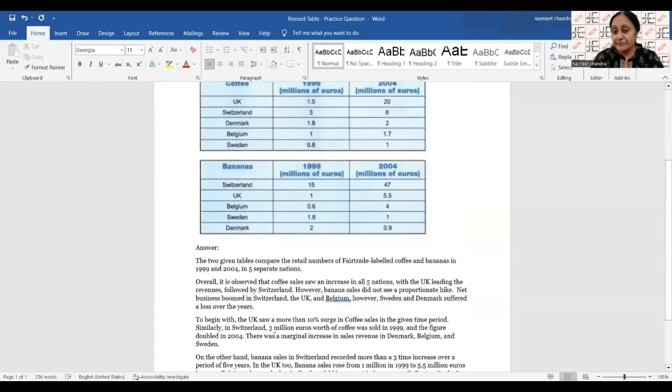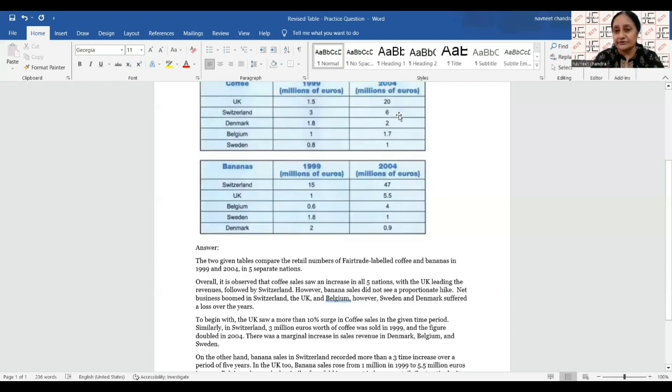Now, the next paragraph. To begin with, the UK saw a more than 10% surge in coffee sales in the given time period. This we can see here. Similarly, in Switzerland, 3 million euros worth of coffee was sold in 1999, and the figure doubled in 2004.